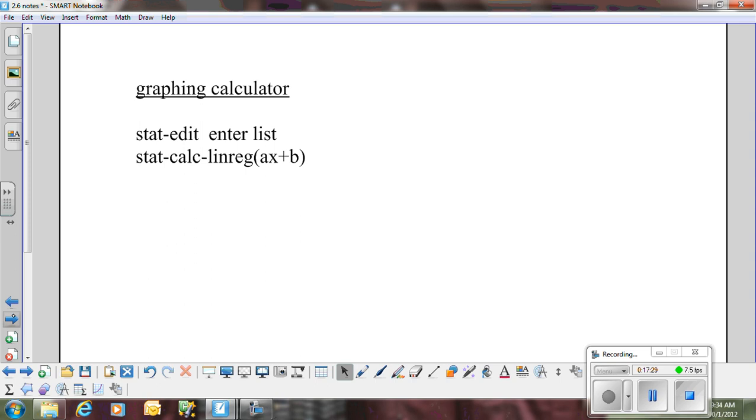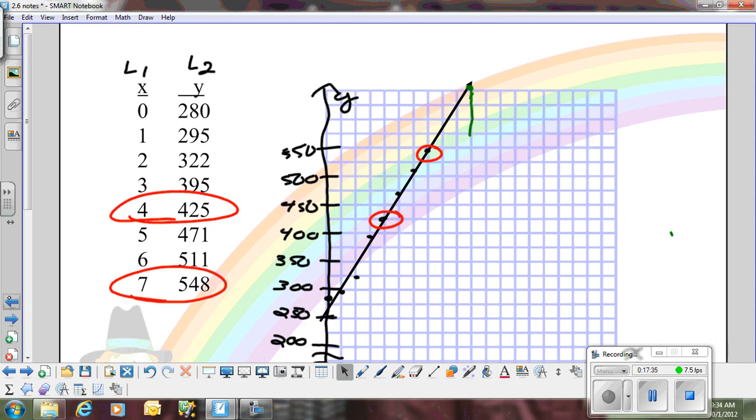Is everybody there? Okay, so in L1, if there's anything in there, just type over the top or delete them. I want you to enter all of your x values. So you're going to enter 0, 1, 2, 3, 4, 5, 6, 7. In L2, I want you to enter all the y values.